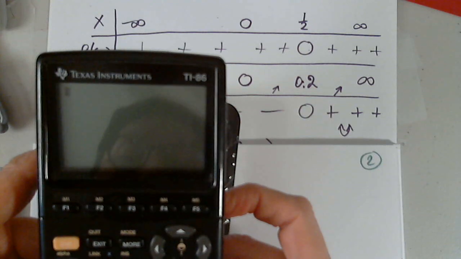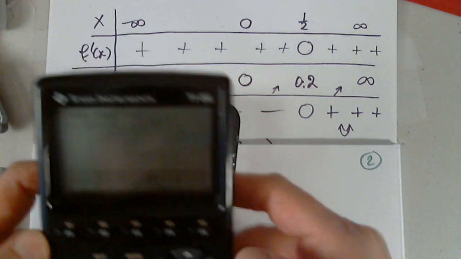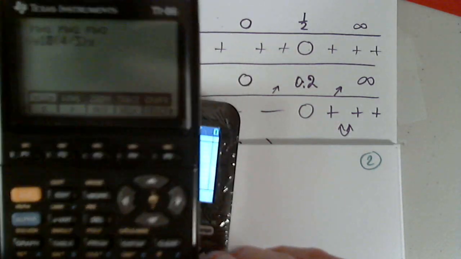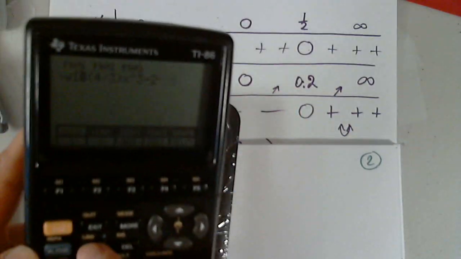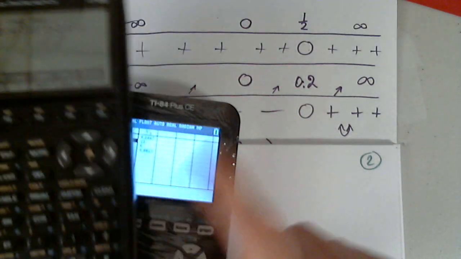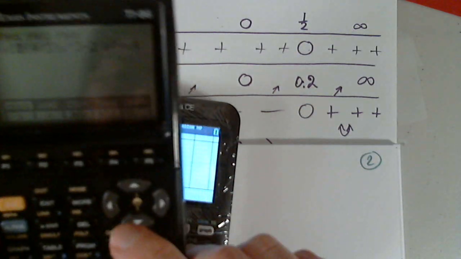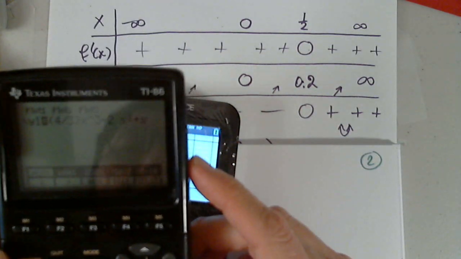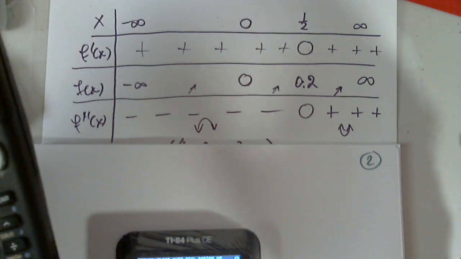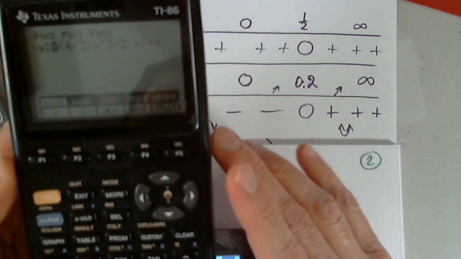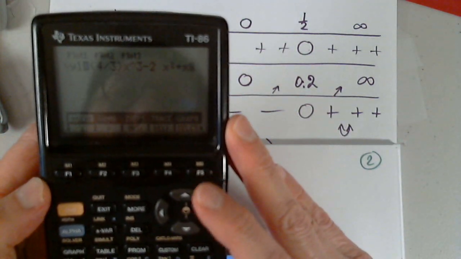In y equals, I'll use this one. See what this one gives. X to the third, and then minus 2x squared, and then plus x. You should always stop me even if you see something. You may be right, I may be wrong. I don't mind going back and checking. It's always the case.